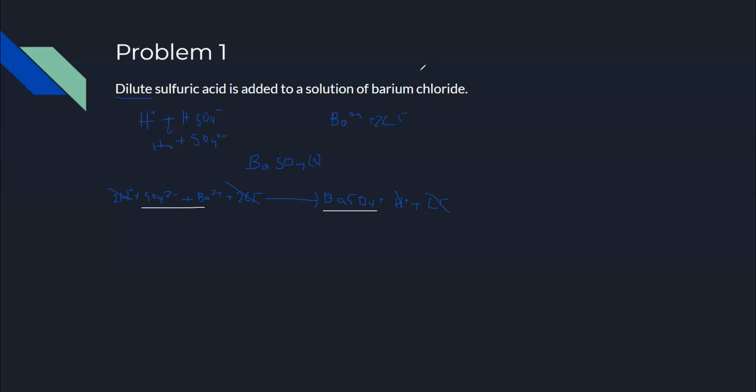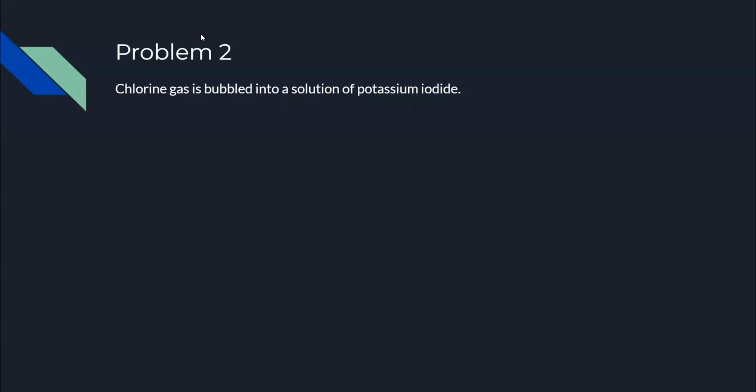So let's do another one. This one is where we have chlorine gas, Cl2, bubbled into a solution of potassium iodide. As the potassium iodide is KI, Cl2 plus K plus I minus.